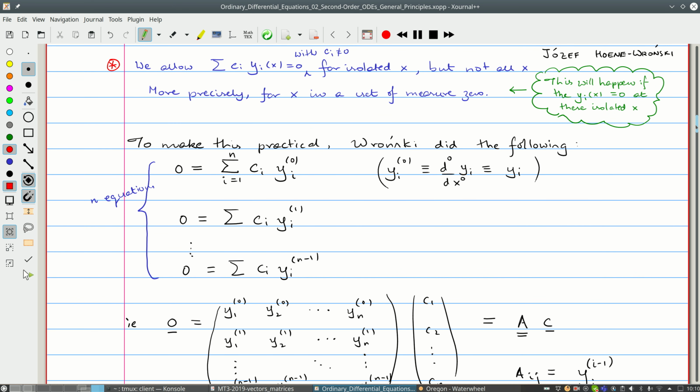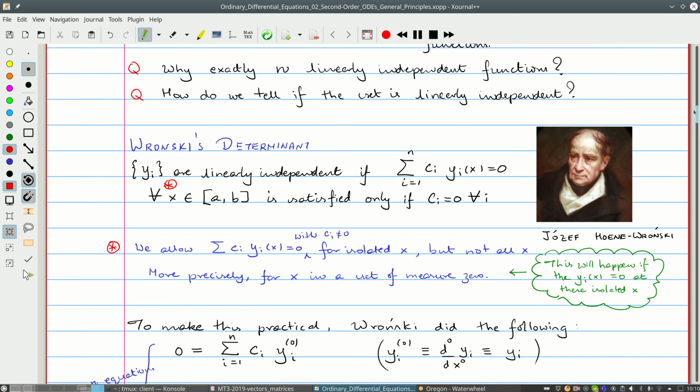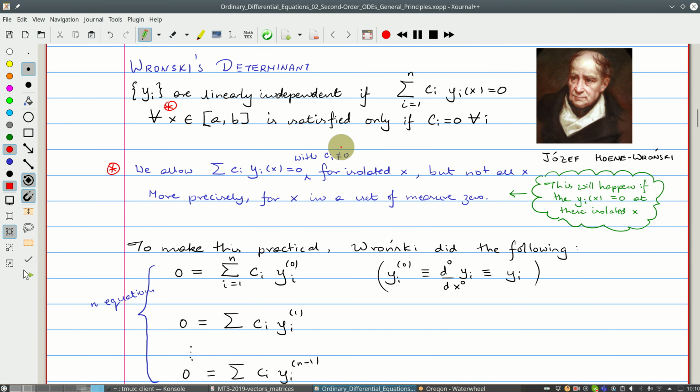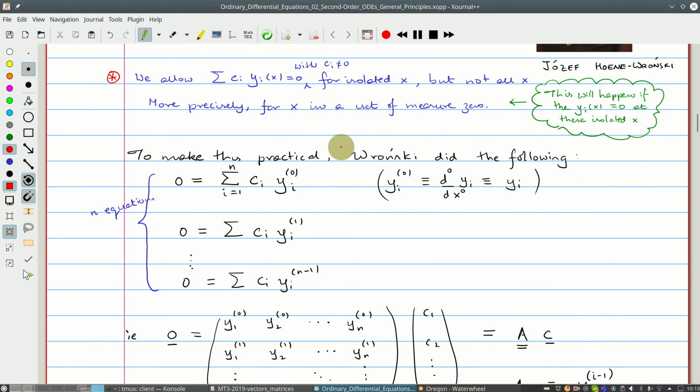All right, so what Wronski did was to make this whole definition of linear independence a practical one, and he did it as follows. You start off with the condition we began with: 0 is equal to the sum, i goes from 1 to n, of ci yi. Now remember that this notation means yi superscript 0, the 0th derivative of yi, which is just yi by our definition.